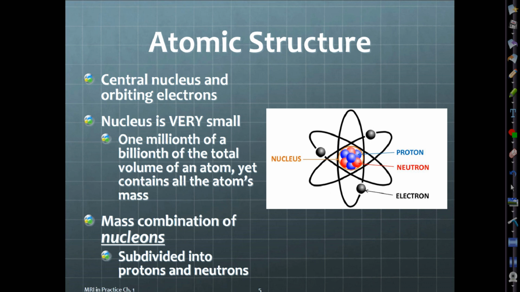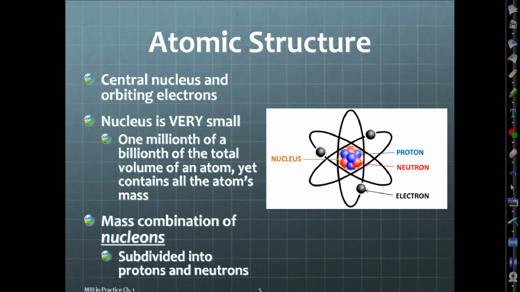Do you remember which of the nucleons has the highest mass, the proton or the neutron? Which one has the highest atomic mass unit? The neutron? Neutron, because it's a combination of a proton and electron. Good. The electron is very, very small in terms of mass. The proton is almost the mass of a neutron but just slightly smaller, because the neutron is a combination of the proton and electron.